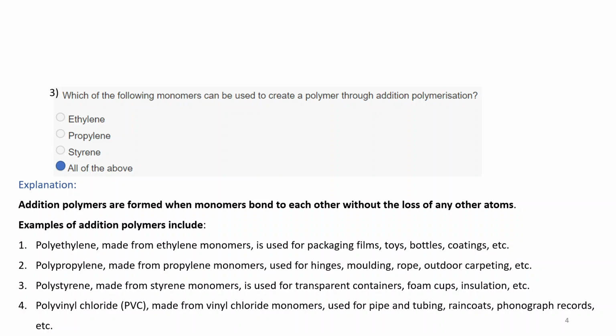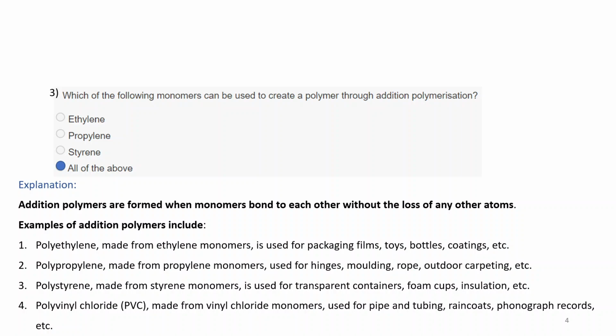Examples of addition polymers include polyethylene, which is made from ethylene monomers, and it is used for packaging films, toys, bottles, coatings, etc. Next is polypropylene, which is made from propylene monomers, and is used for hinges, molding, rope, outdoor carpeting, etc. In case of polystyrene, it is made from styrene monomer, and it is used for transparent containers, foam cups, insulation, etc. Next is polyvinyl chloride, also known as PVC.